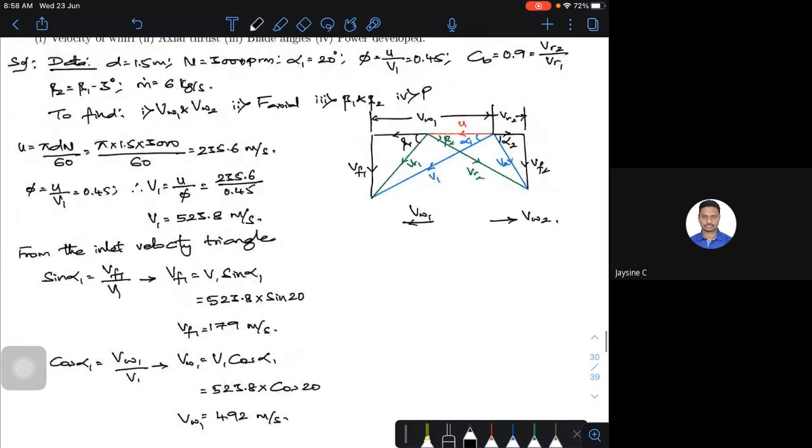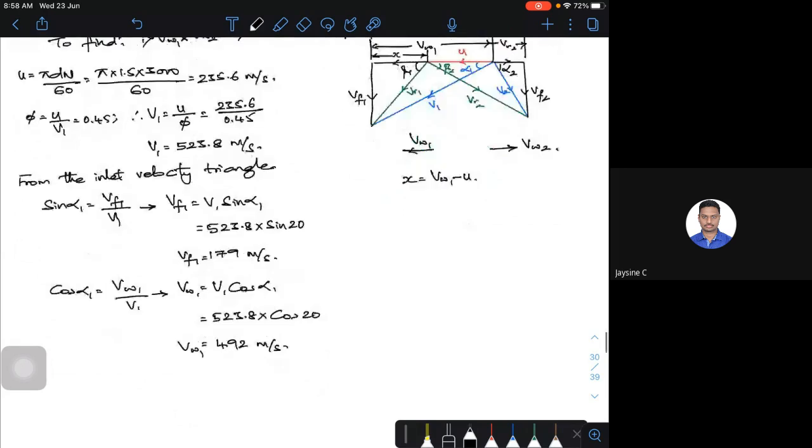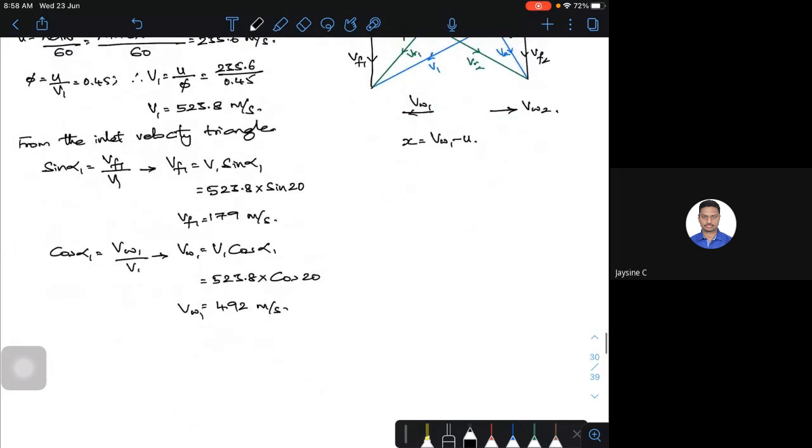So to find beta 1, let us take this as some x. You can take it as x or a, whatever it may be. What is this x? X is equal to VW1 minus u, that is 492 minus 235.6. Now let us consider your angles.